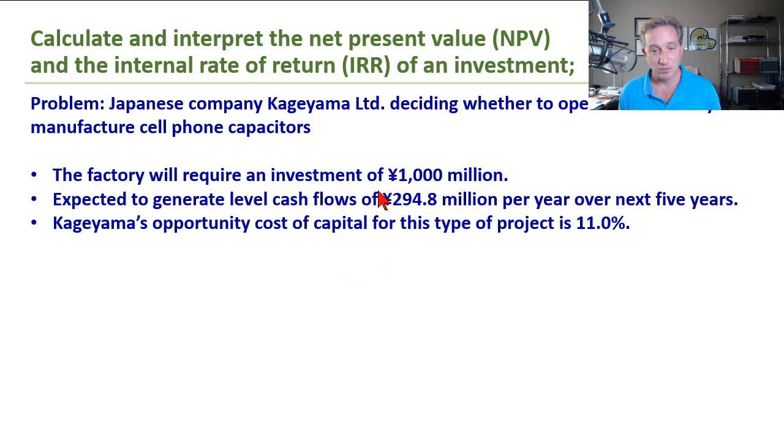This factory will require an initial investment of 1,000 million Japanese yen, and it is expected to generate level cash flows of 294.8 million yen per year over the next 5 years. And Kageyama's opportunity cost of capital, or their hurdle rate for this type of project, is 11%. So it'd be a fine time to pause the video and see if you can work out both the net present value and the IRR.